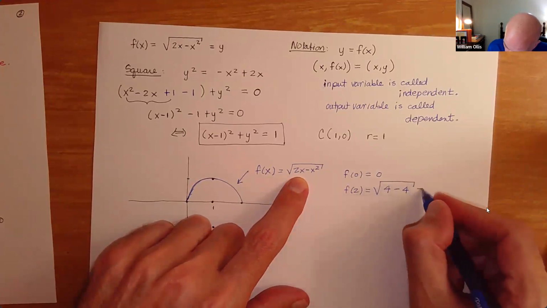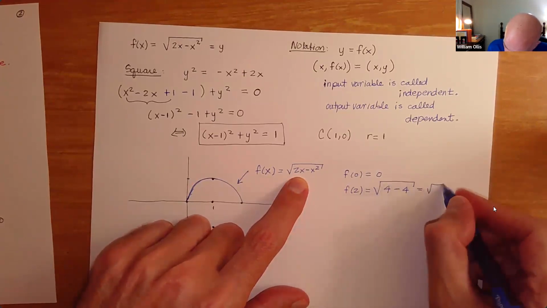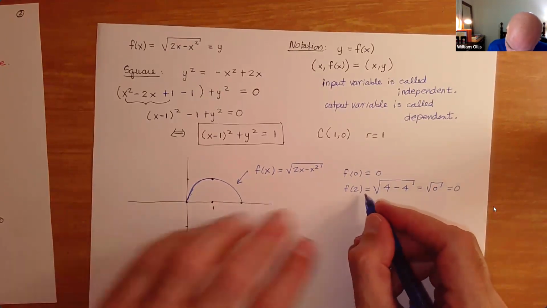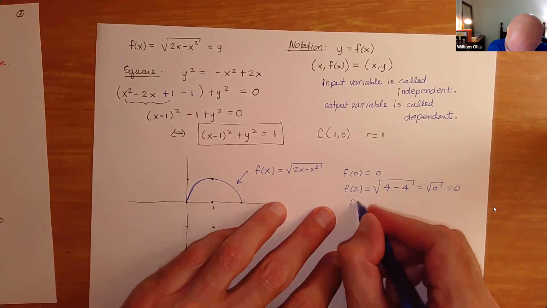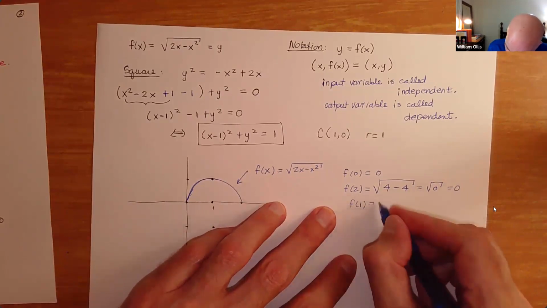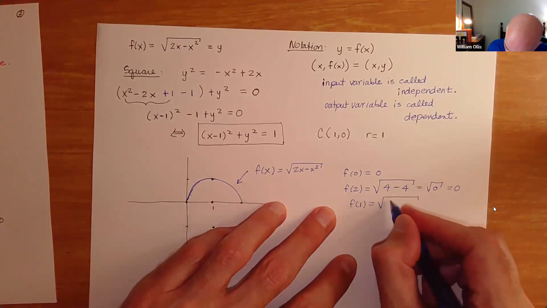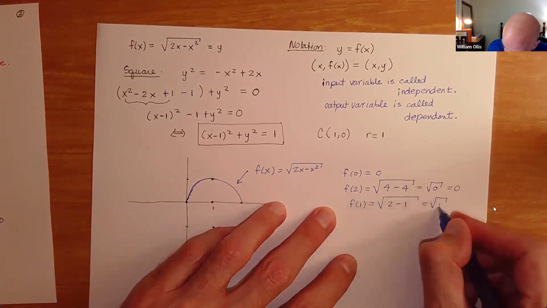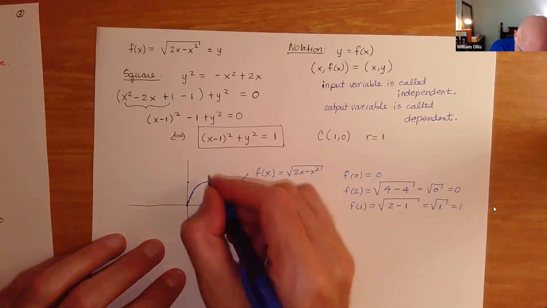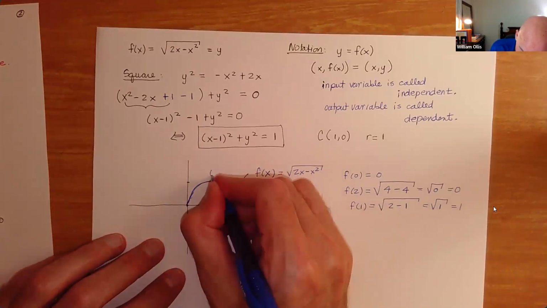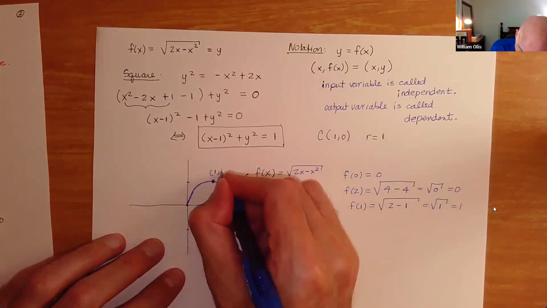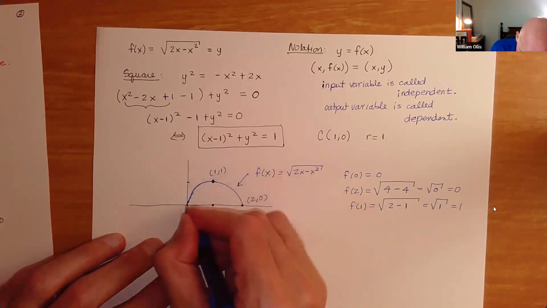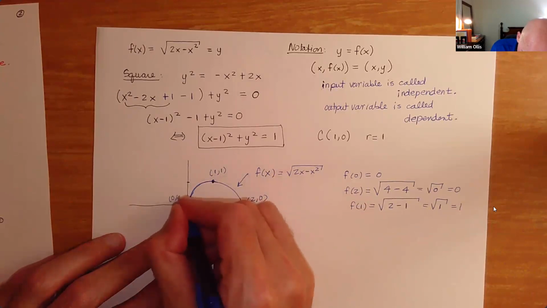Square root of 0 is just 0. And then the center of the circle, f of 1, will be the square root of 2 times 1, which is 2, minus 1, which is the square root of 1, which is 1. So we've got some simple points here: 1, 1, 2, 0, and 0, 0.